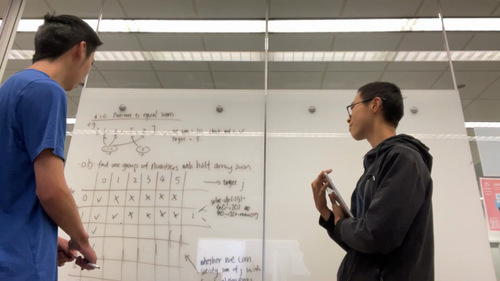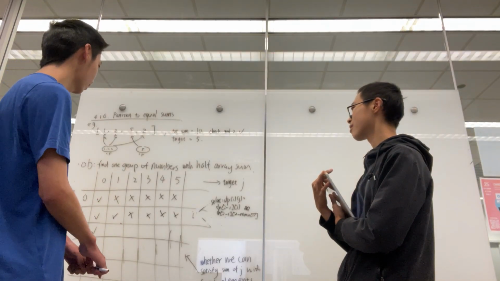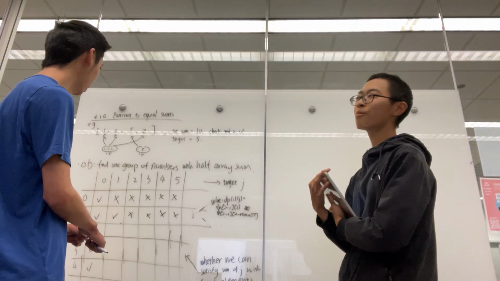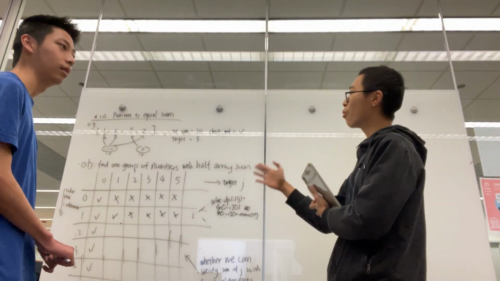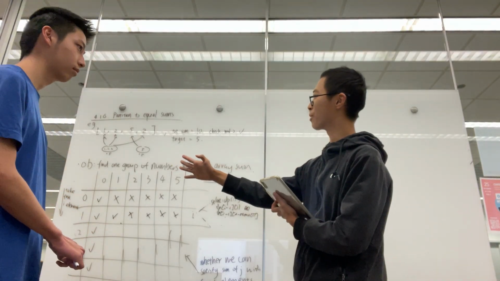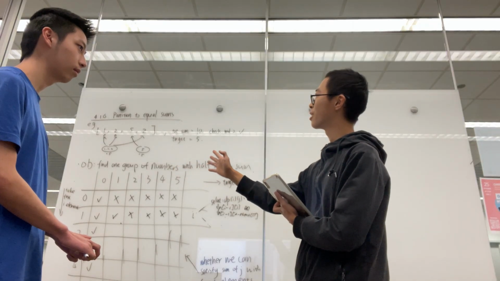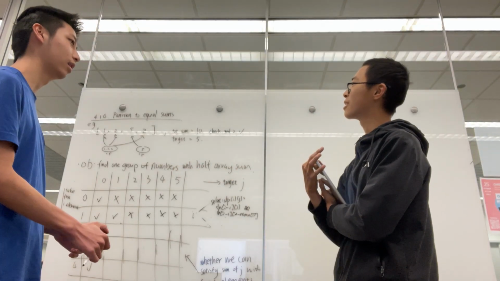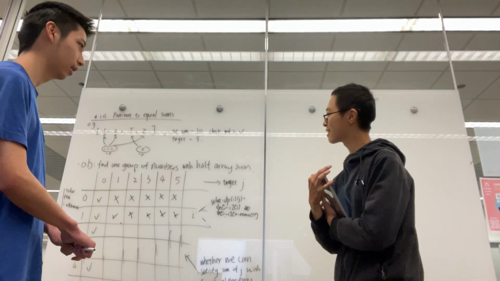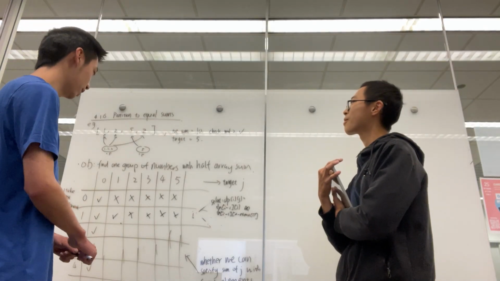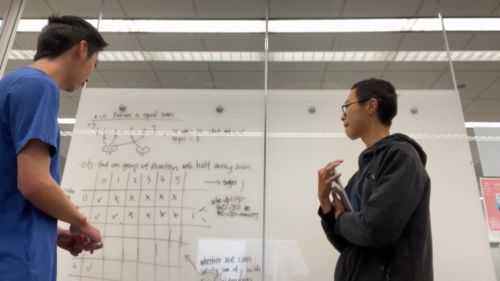So for this row, some might ask whether we always look just 1 cell before it, 1 column before it. Will it always be this case? It won't always be like that.